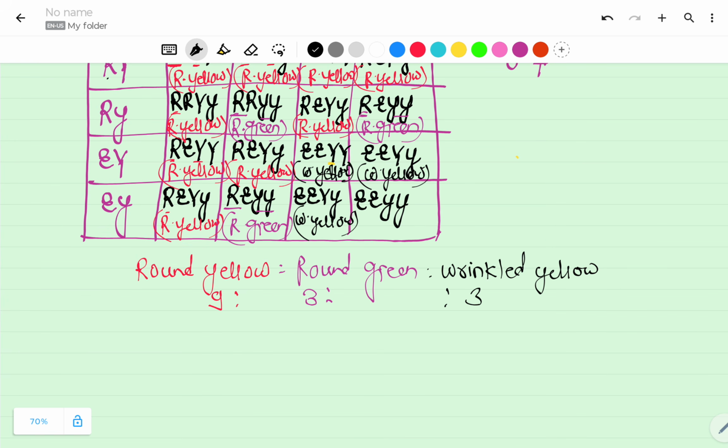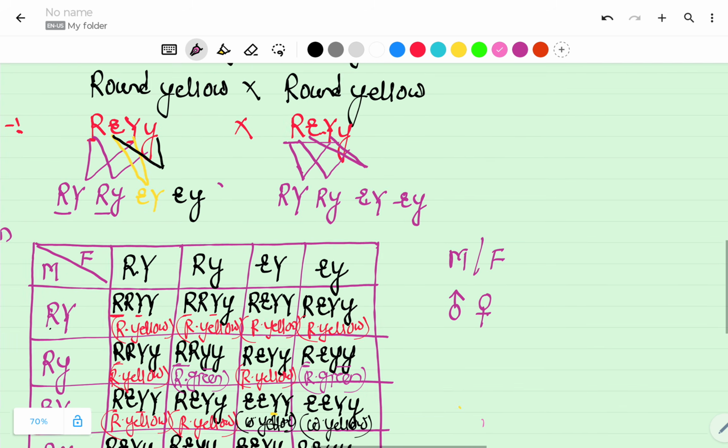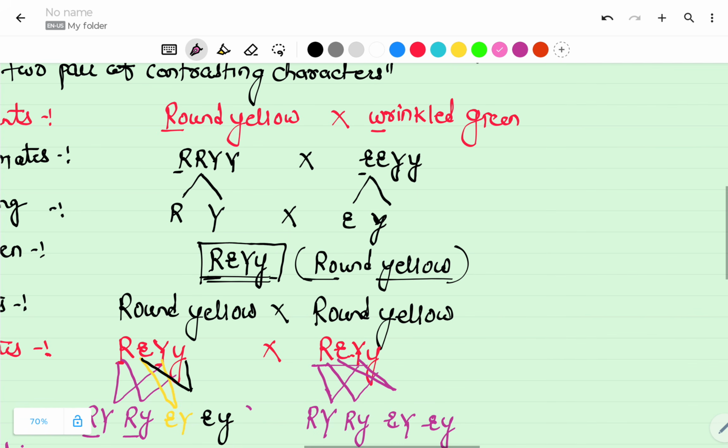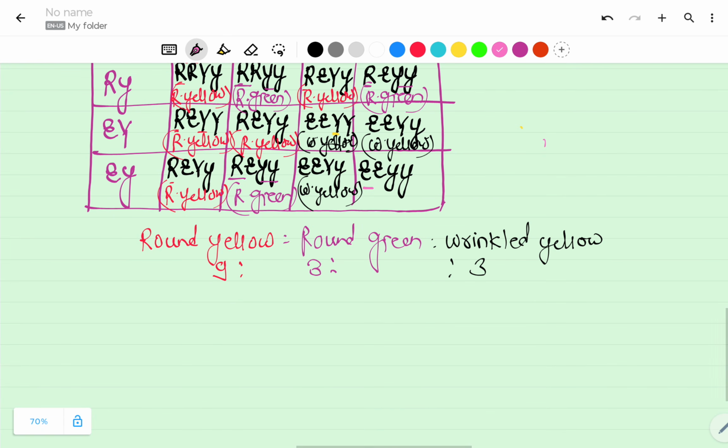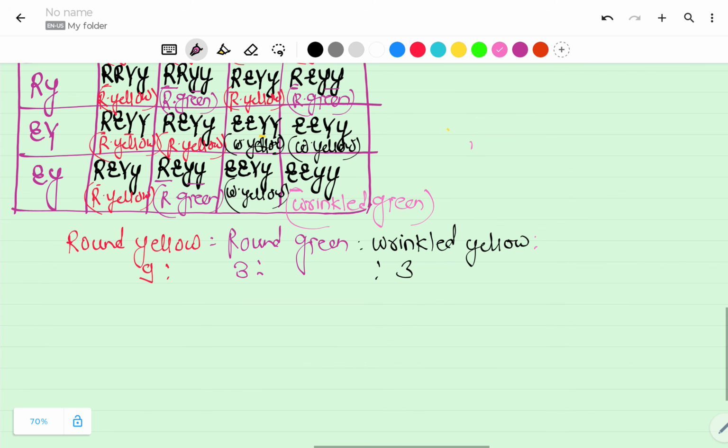And last, final, this is what? These are the small r, small r, small y, small y. This means what? These are the round yellow here, and here we write what? This small ratio here is wrinkled green. So what do we write here? Wrinkled green. Okay, wrinkled green. So how many wrinkled green?